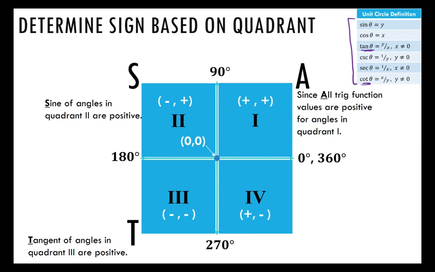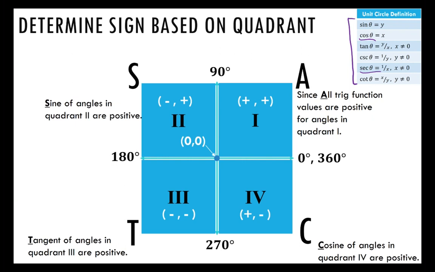Then in quadrant 4, x being positive and y being negative means that sine is negative, cosine is positive, tangent is negative, cosecant is negative, secant is positive, and cotangent is negative. So we say cosine of the angles in quadrant 4 is positive, and because cosine and secant are directly related by their definition, this holds for both of them.